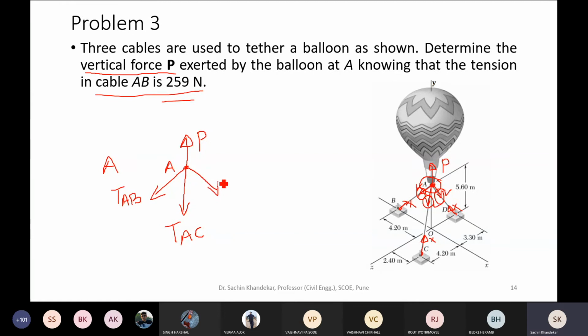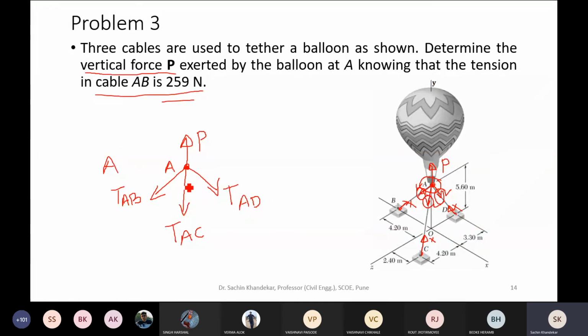It is from A to D. So this TAB, TAC and TAD, these are the magnitudes of the tension in cable AB, AC and AD respectively. So point A is acted upon by these four forces P, TAB, TAC and TAD.